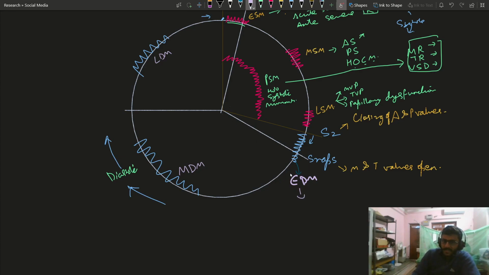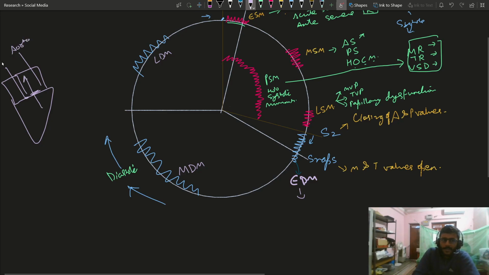The moment diastole starts, the aortic and pulmonary valves might not be able to hold. During systole, we push the blood up into the aorta and pulmonary artery. But the moment diastole started, the pushing pressure was stopped.